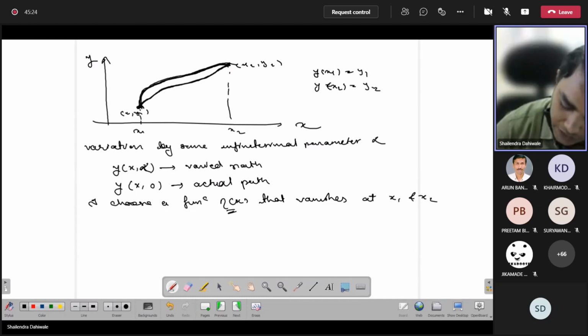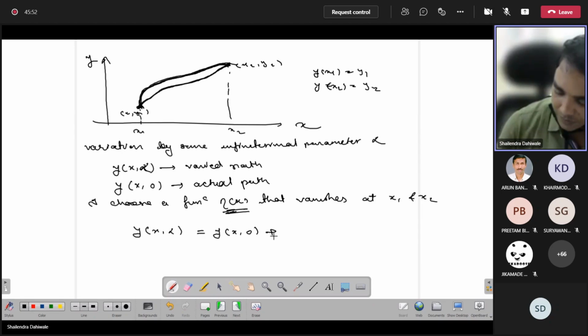The main condition is that this varied path must go through the endpoints x1 and x2. So I can write this varied path as y of x, alpha is equal to my actual path y of x, 0 plus how much it has varied from my actual path, alpha eta of x.